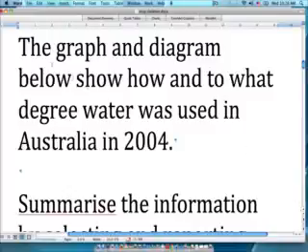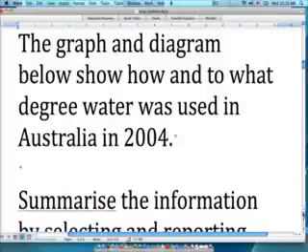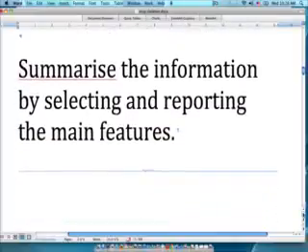Okay, the question reads: the graph and diagram below show how and to what degree water was used in Australia in 2004. Summarize the information by selecting and reporting the main features.